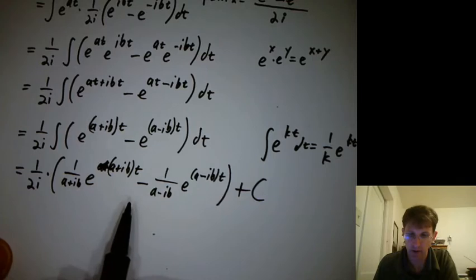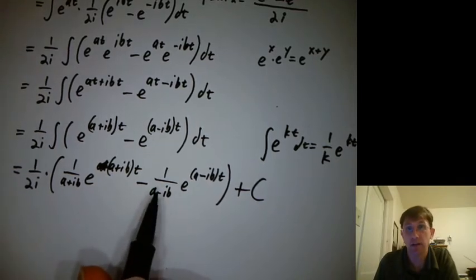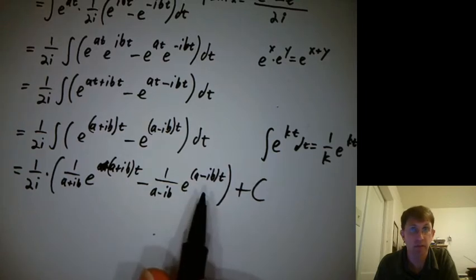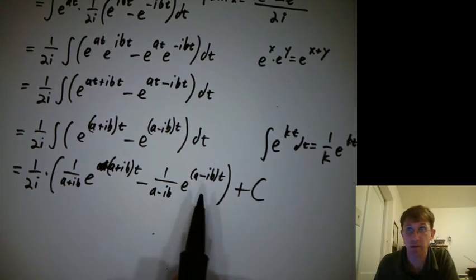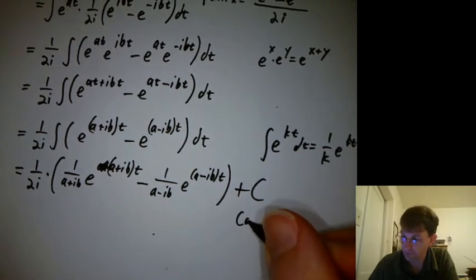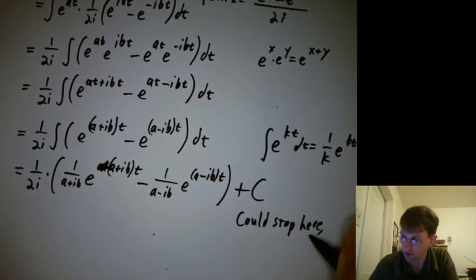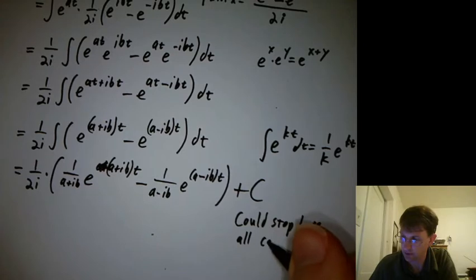So in some sense, we could just stop here. We have taken an antiderivative. It turns out if you plug in values, all the complex numbers will cancel and you'll get real numbers. So we could stop here. All the calculus is done.